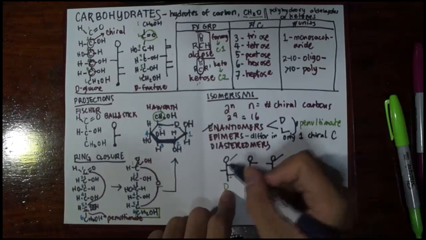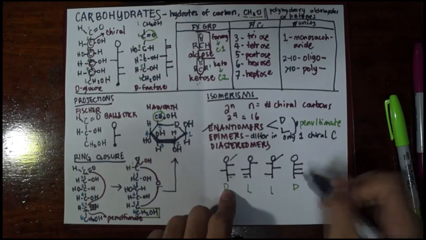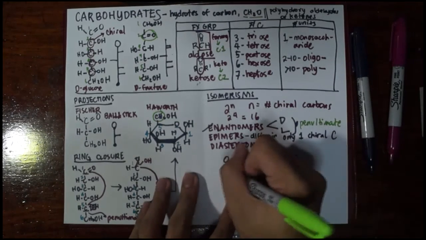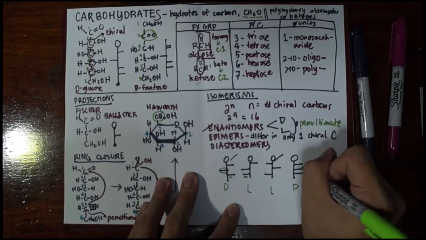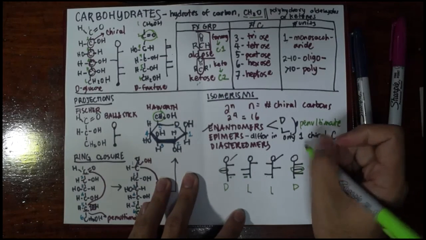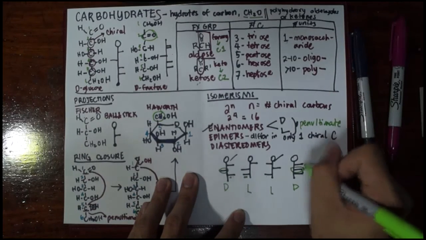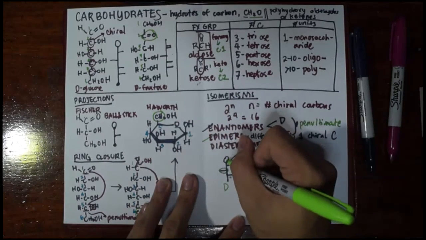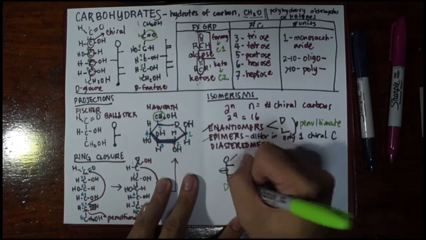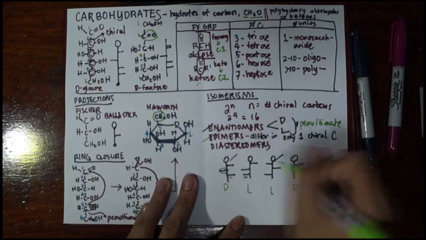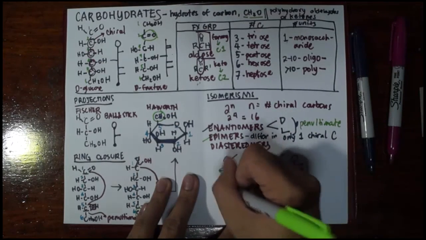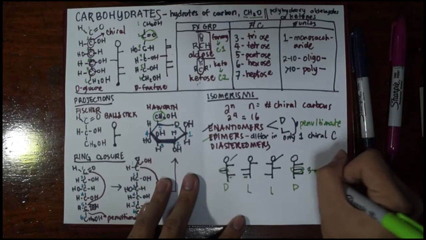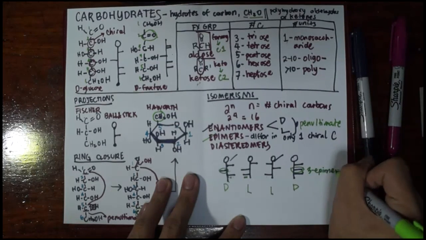And for example, this is right, left, right, right, right, right. So the only change is in this carbon, and the other two remain the same. That's epimerism. In this case, how many carbons? 1, 2, 3, 4, 5. This is carbon number 3. We could say that this one and this one are C3 epimers of each other.